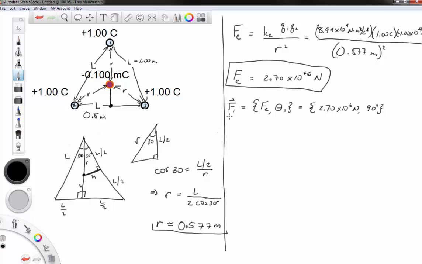Okay, so that one's probably the easy one. F2 is going to be Fe comma theta 2, and again 2.70 times 10 to the 6 newtons, comma, we got to figure out what direction this thing is acting in.